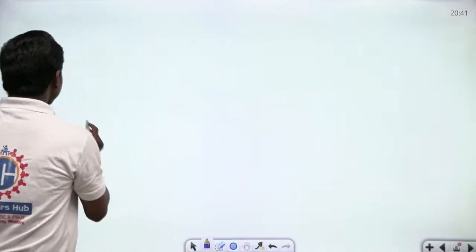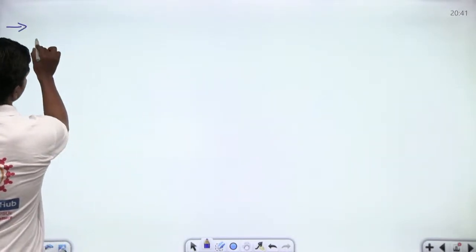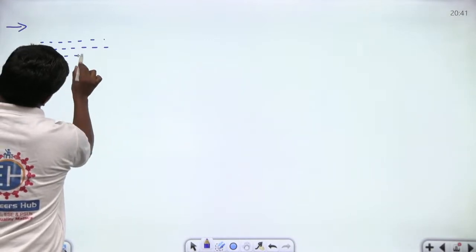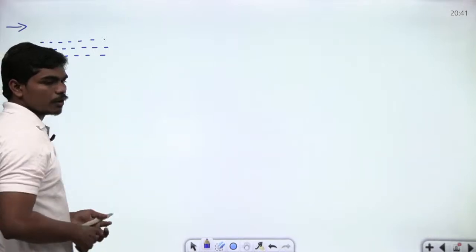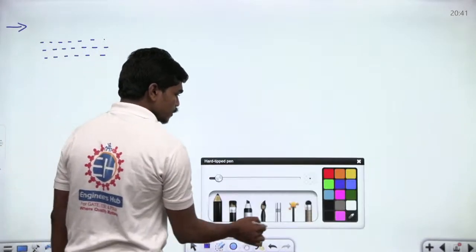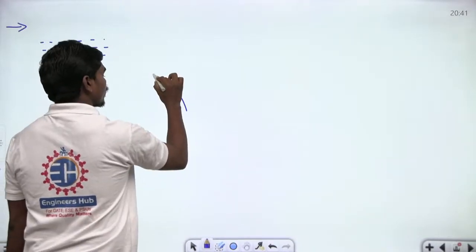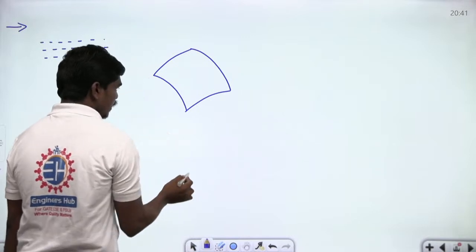Look, let us suppose there is some bulk of fluid, and we have taken one strip out of that fluid such that the strip shape is something like this.